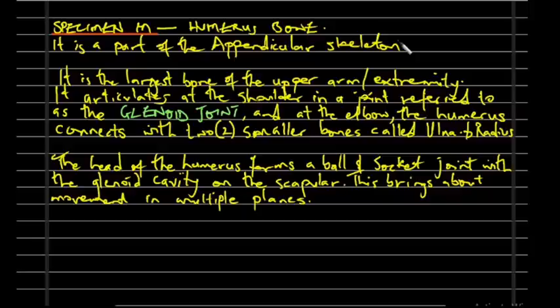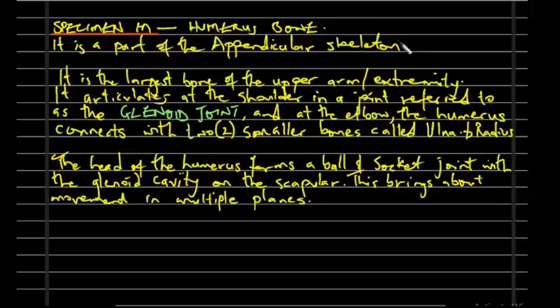This particular bone we are talking about is found in the upper arm, or the upper extremity of the body, and it is the largest bone in that region. It articulates at the shoulder in a joint called the glenoid joint. This glenoid joint carries the clavicle, the collarbone, and then the shoulder blade, as well as the head of the humerus.